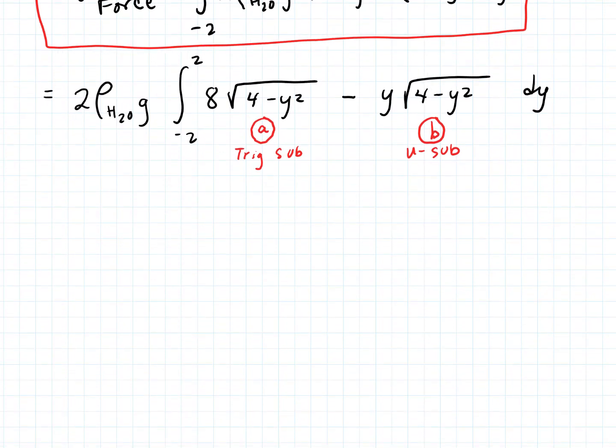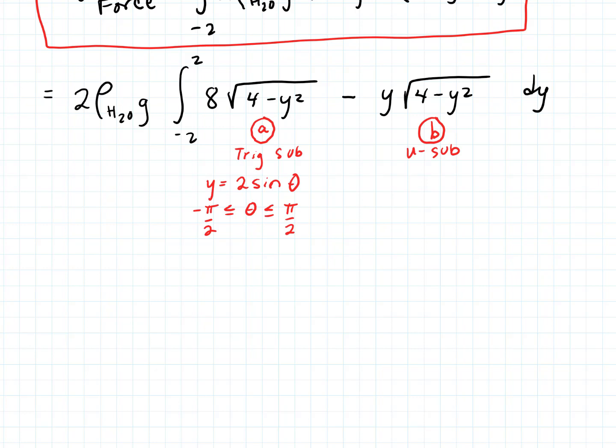on the first one. On part A, the integral I've labeled A, we would let y be equal to 2 sine of theta, where theta is between negative pi over 2 and pi over 2.